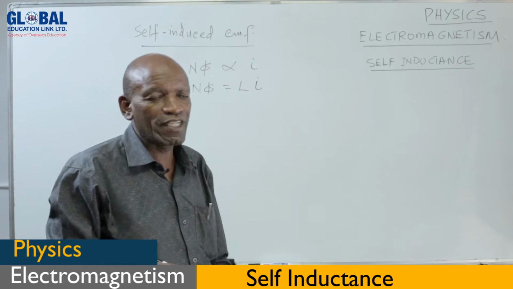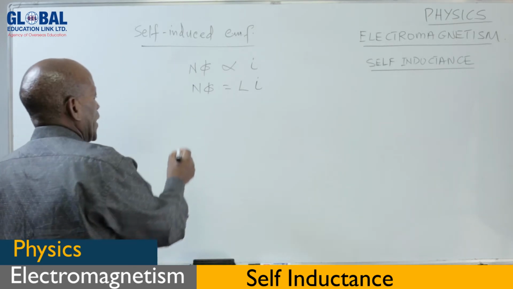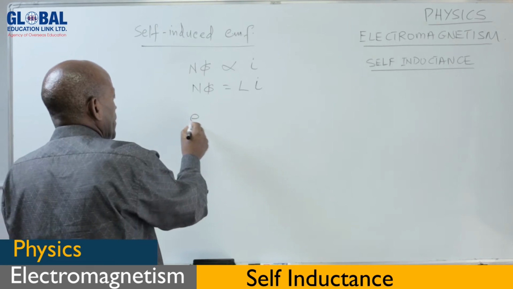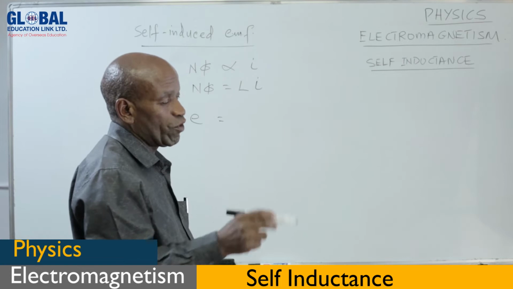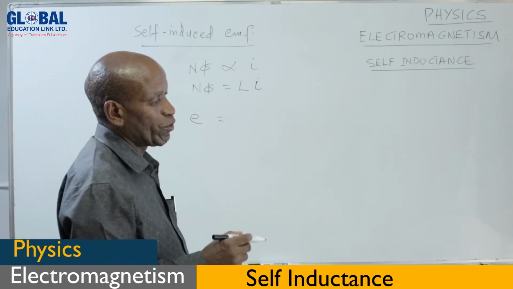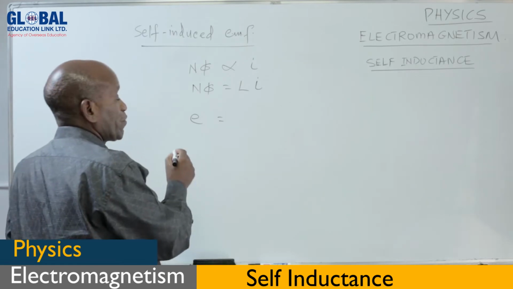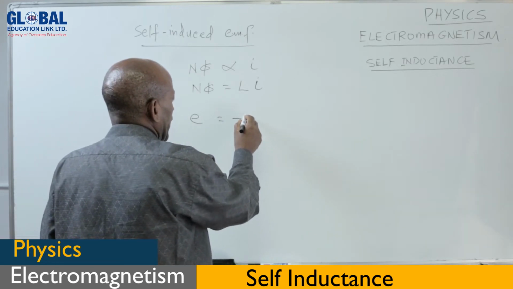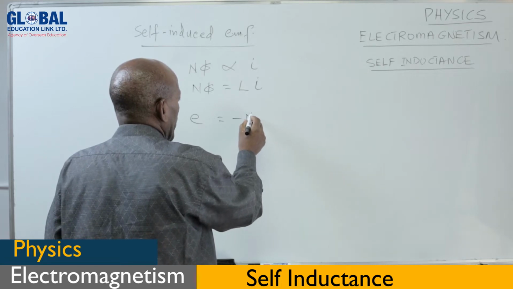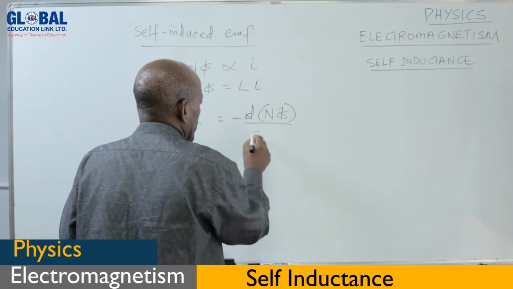And as you have already seen from Faraday's law, the induced EMF is proportional to the rate of change of the magnetic flux. From Faraday's law, E is equal to minus the rate of change of the magnetic flux.